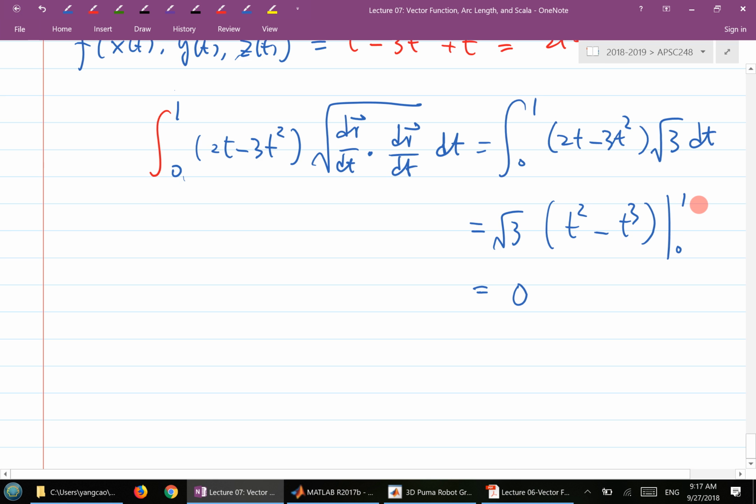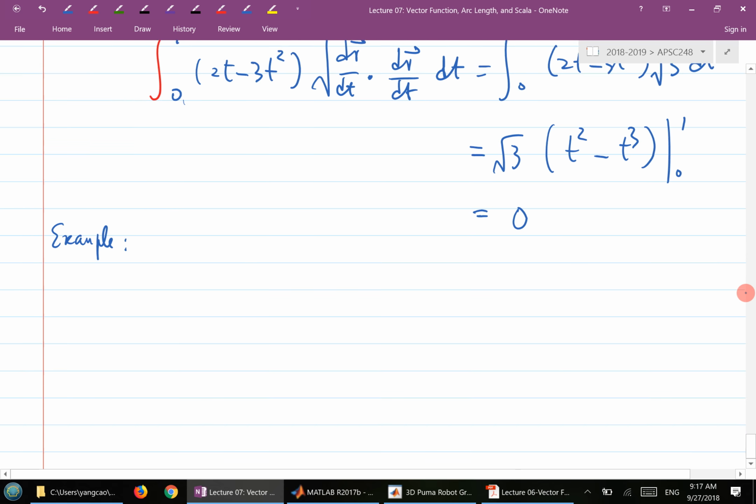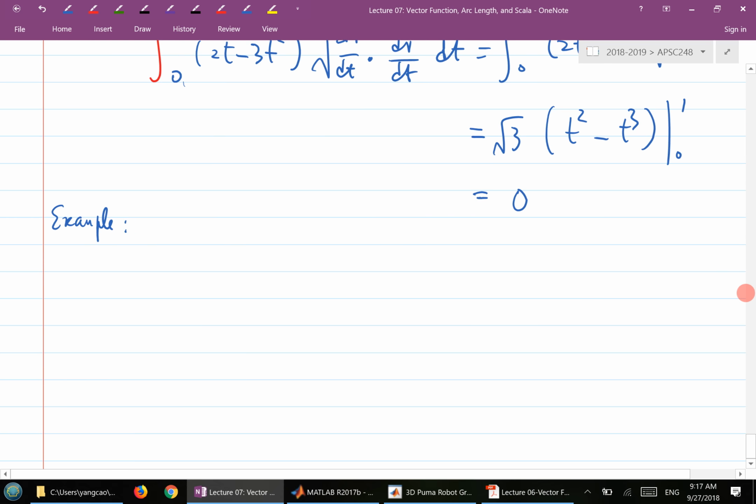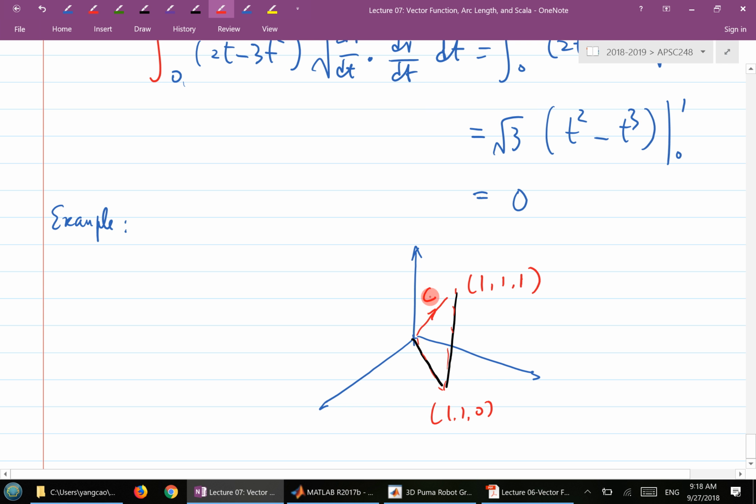So let's look at a slightly different version of this question, which we're running out of time, of course, but I want to get started. Now, previously, our curve C goes from origin to here.